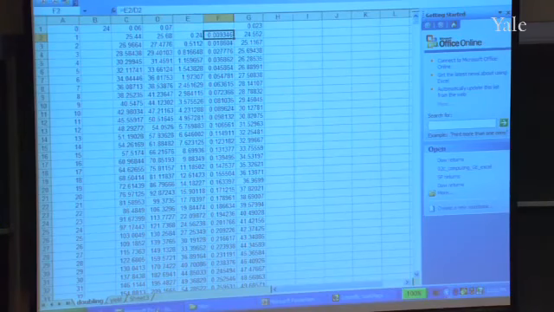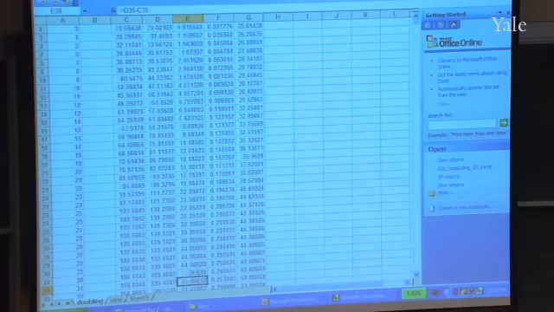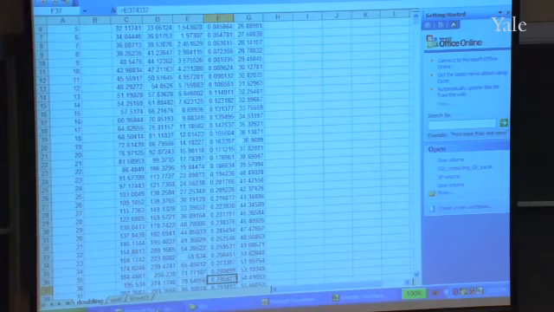I didn't label these, but this is the difference, and this is the percent difference. Over 36 years, it's a 28.6% difference. So a typical case, you're putting money away right now.